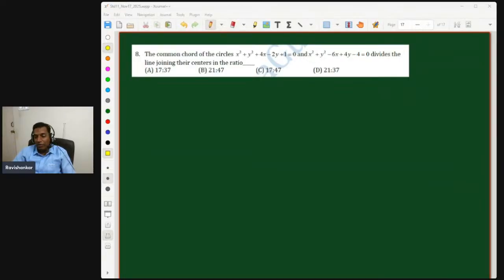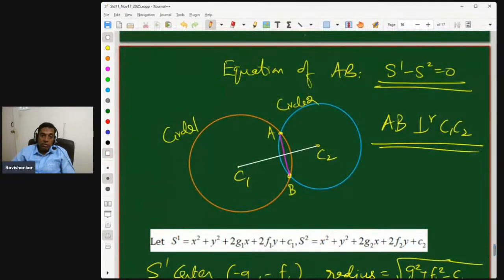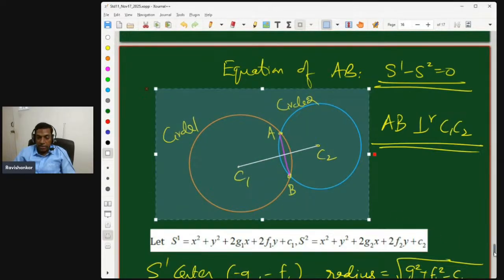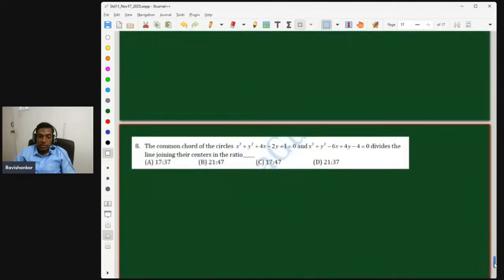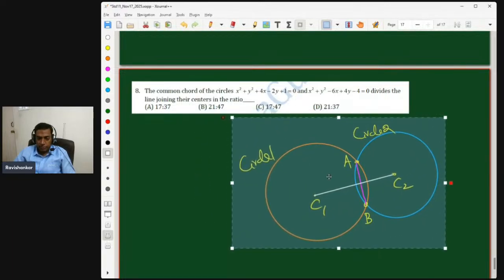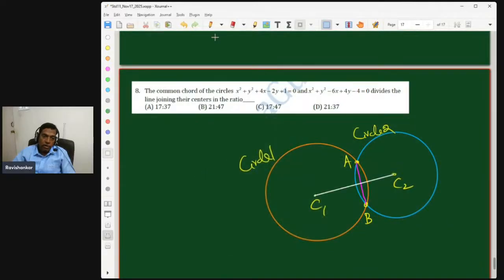If I ask you to find the common chord's equation, it's very straightforward, very trivial. So instead what is asked is the ratio in which it divides the line joining the centers, and that's a slightly interesting question.